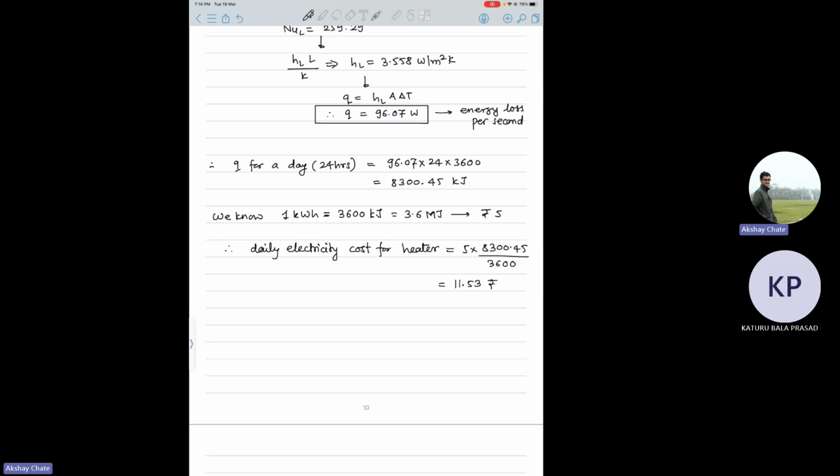So this much a person has to spend daily in order to maintain your room temperature at 50 degrees Celsius while your door temperature is 0 degrees Celsius, and you need to pay this much for the heater electricity bill per day. So monthly it will be around 330 rupees or something like that.